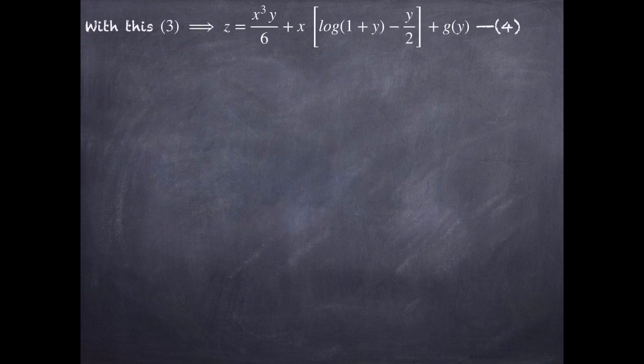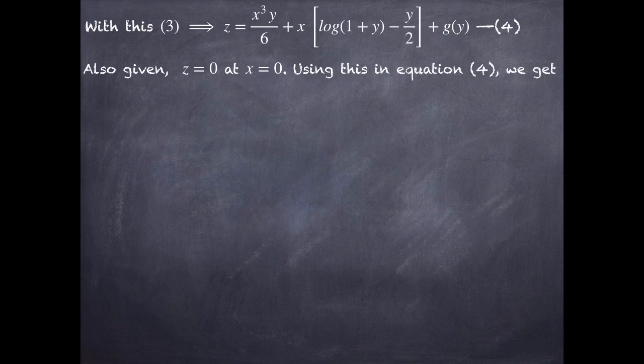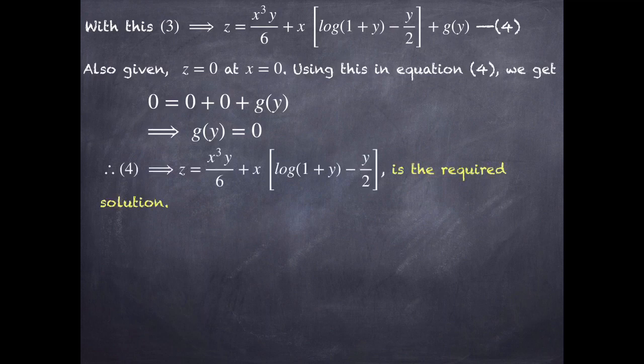Substitute this in equation number 3, and we get z = x³y/6 + x(log(1+y) − y/2) + g(y). Second condition, z = 0 at x = 0, therefore g(y) = 0, since log 1 is 0 and all the terms vanish. Using that in equation number 4, we get the final solution.